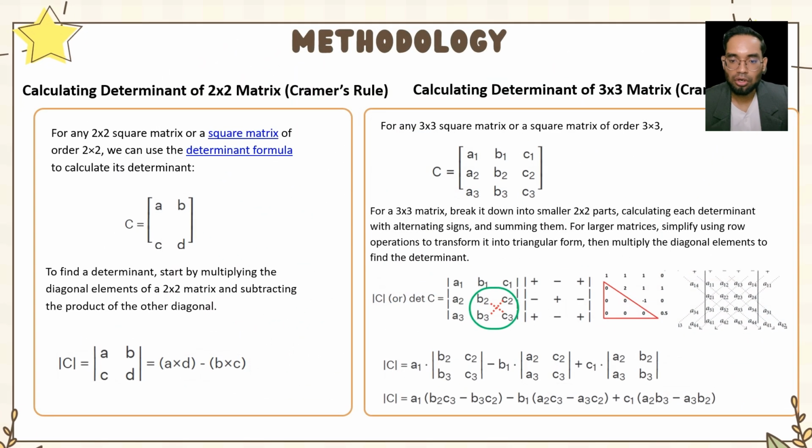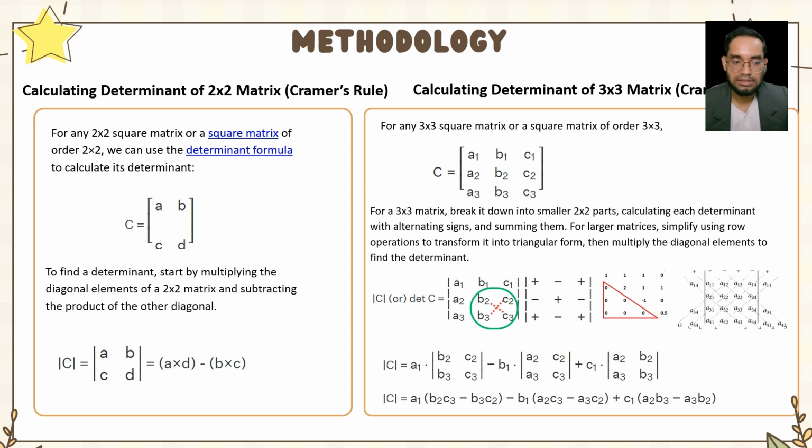On this slide, all methodology steps appear together. Let's look at the 2 times 2 matrix first. For a 2 times 2 square matrix, we can use the determinant formula to calculate its determinant.